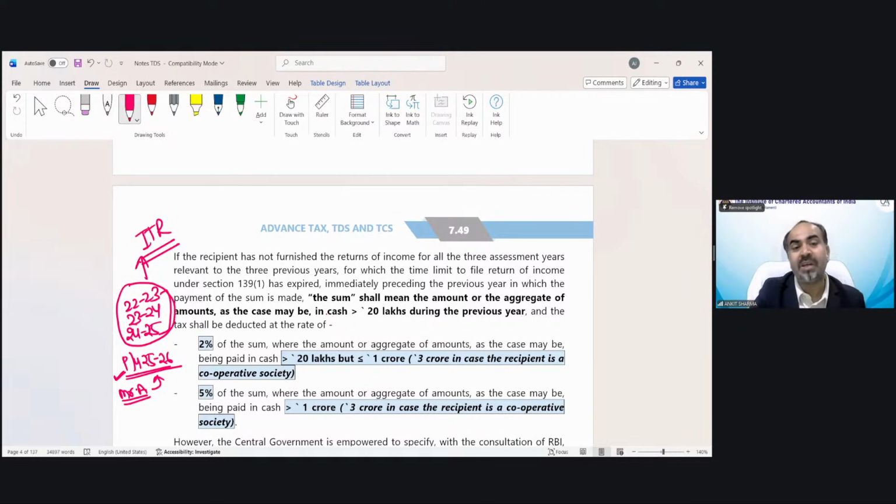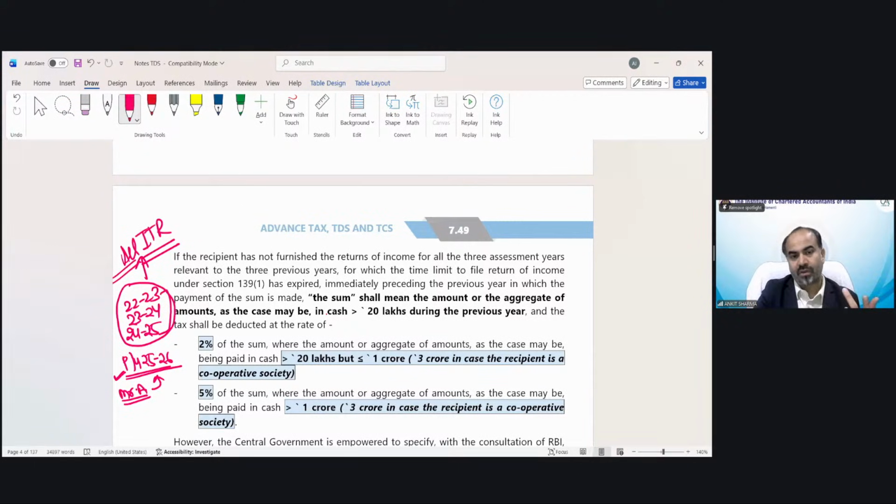All 3 preceding previous year ITRs should have been filed within the specified date of filing. What are the specified dates of filing? That we will go through in chapter 8. After this chapter of TDS, we will read the provisions of that topic, which will explain the correct date of filing of ITR.